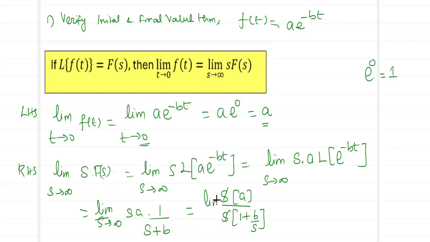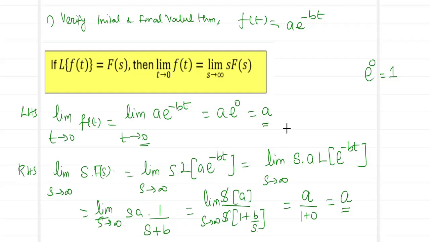Now as s tends to infinity, b by s moves towards 0. There is no s in the numerator, so you will have a divided by 1 plus 0, which moves towards a. So this is my right hand side.